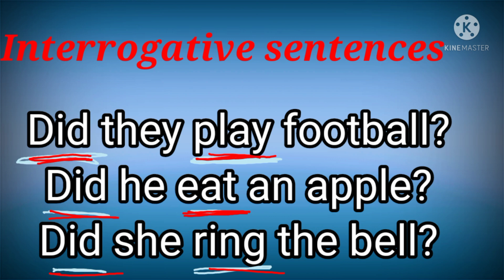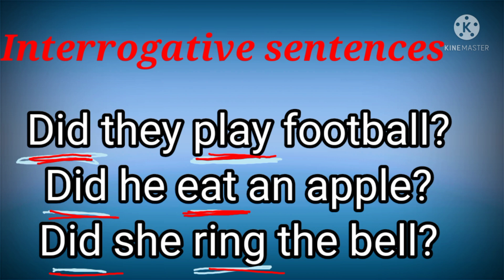Did eat is equal to ate. Did ring is equal to rang. So once we use did, we should not use the verb two form again, because already it is past by seeing did, the auxiliary. This is the structure of yes or no questions.